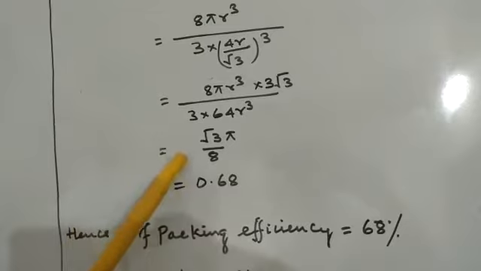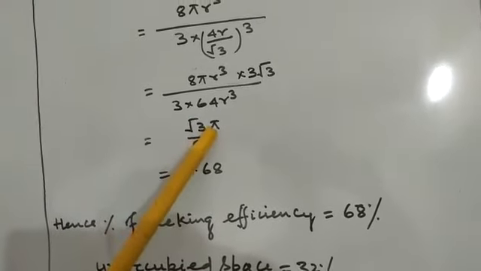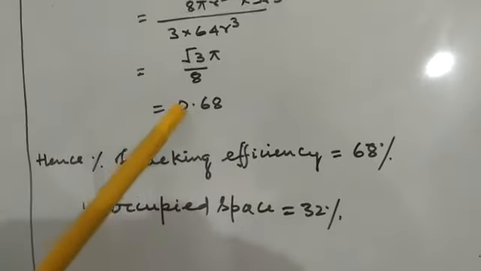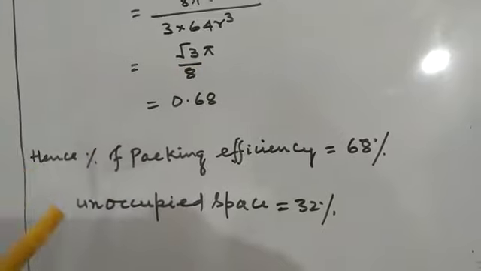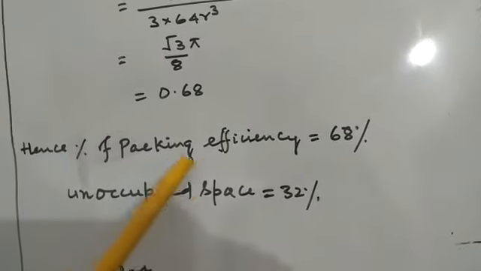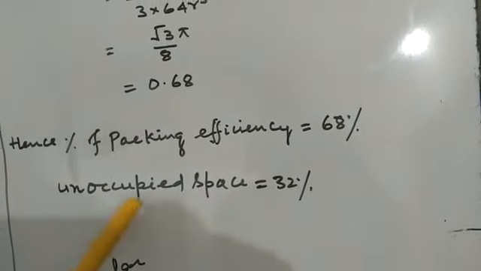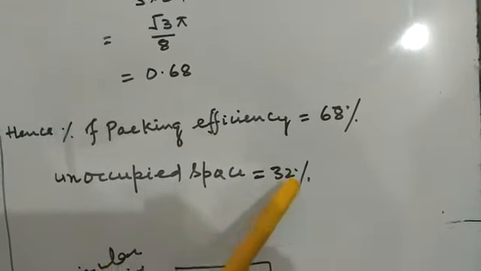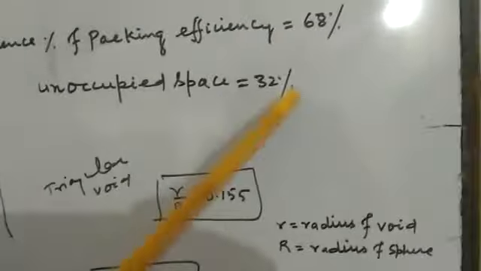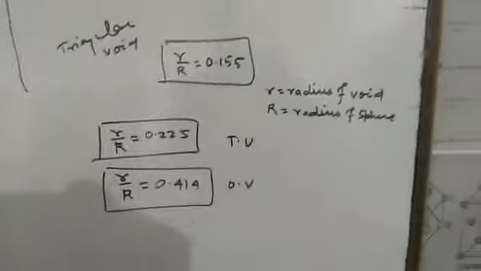On solving we get root 3 by 8 into pi, which is equal to 0.68. Hence percentage of packing efficiency equals 68% and unoccupied space equals 32%. Thank you.